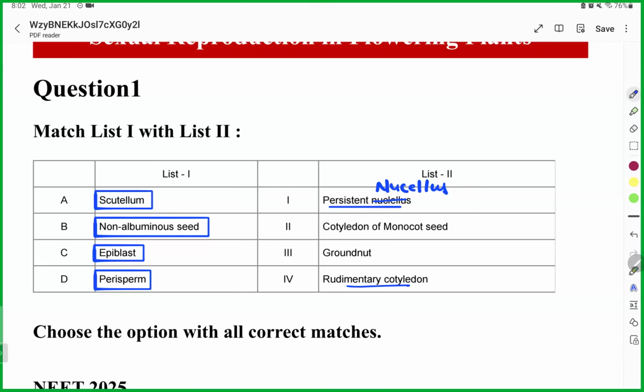We know complete reproduction, whether it is human, animal, or plant, is divided into three major parts. Anvita, what are the three major components of reproduction in any organism? Pre-fertilization, fertilization, post-fertilization. Brinder, what steps occur in pre-fertilization?